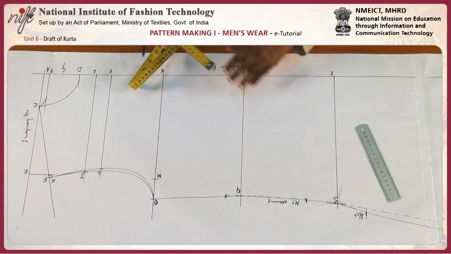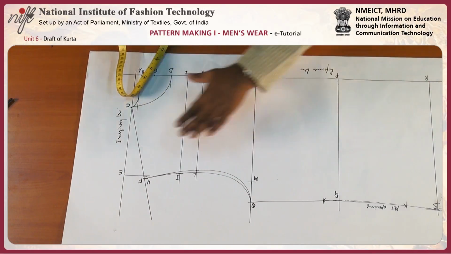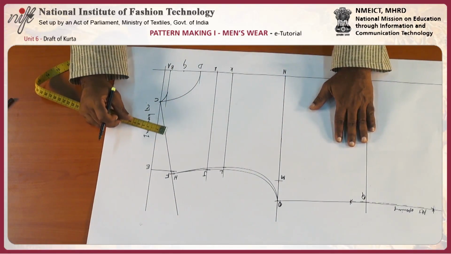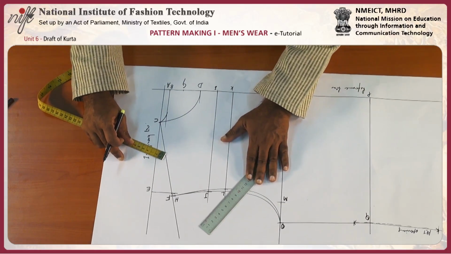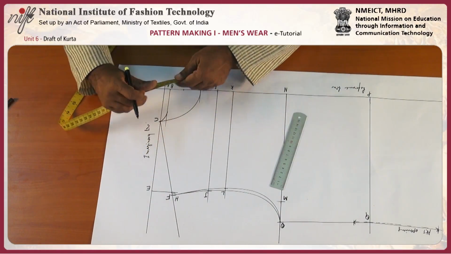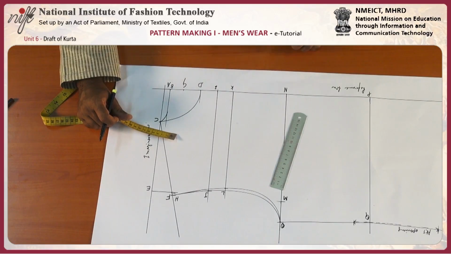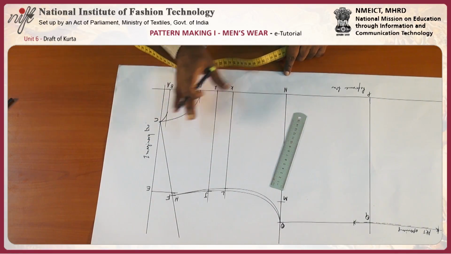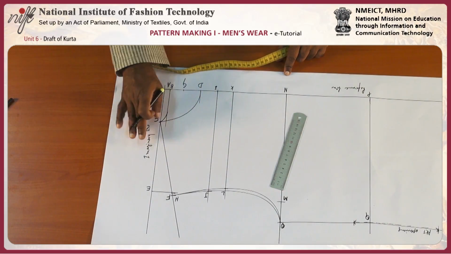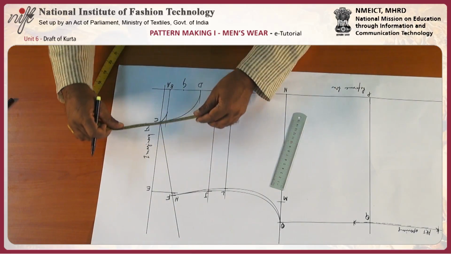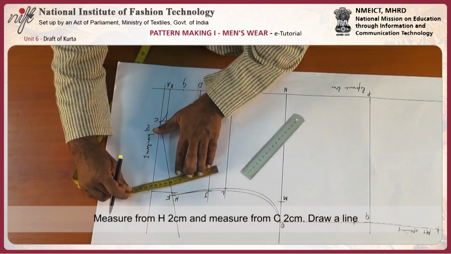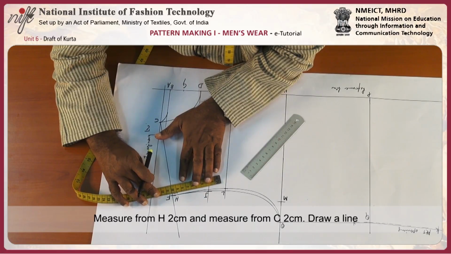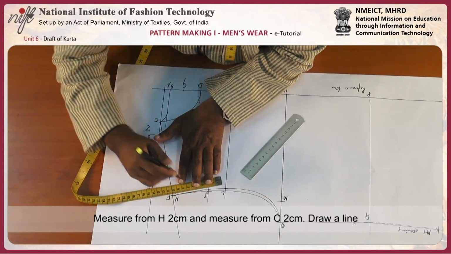Now, let us move to the shoulder forward, which I have also done in the shirt for the yoke, whereas in this case there won't be a yoke, but the excess whatever taking from the front will continue in the back, for which measure from point H 2 centimeter.